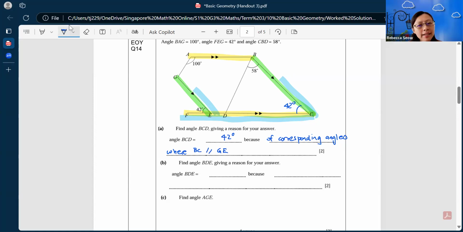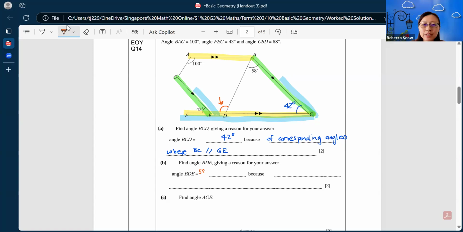So next, find angle BDE, and let's use another color. For BDE, it's this. And you realize that this is outside of the triangle where the other two angles are found. If we were to add 58 and 42, that will give us the exterior angle.